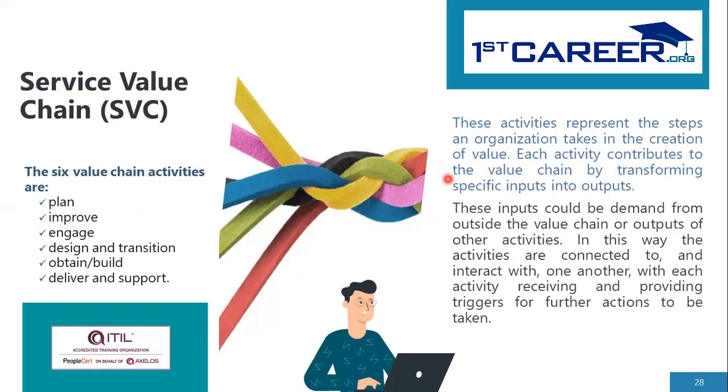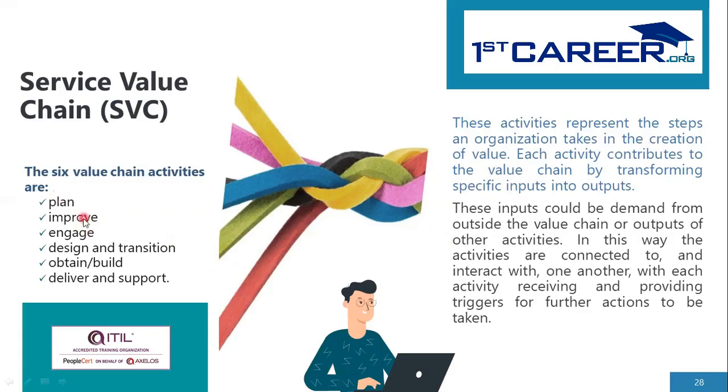Just like a process also takes certain inputs and transforms that into output. Similarly, an activity like engage or plan or one of these 6 takes an input and transforms into outputs. However, these contribute to the overall value chain or a value stream.